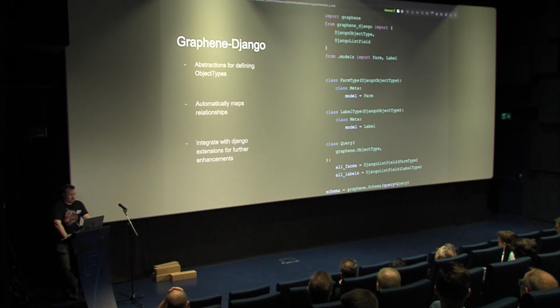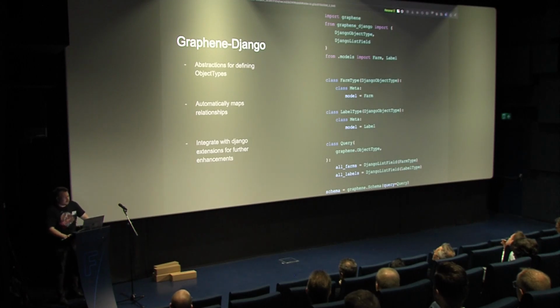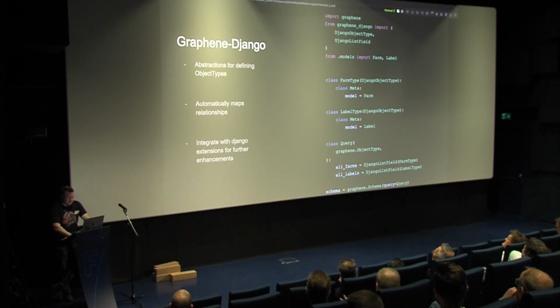For example, you have a Django object type that automatically maps all the relationships that are being recorded on the query, and it also auto-resolves all the fields that are on the models. So yeah, it looks like a Django REST Framework model serializer, but it's very quick to start.